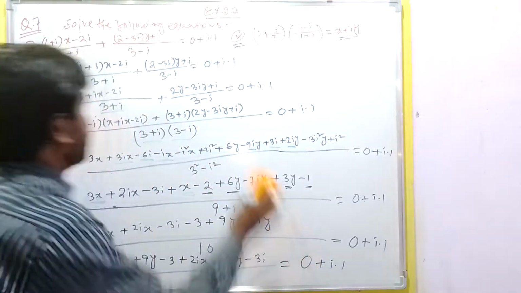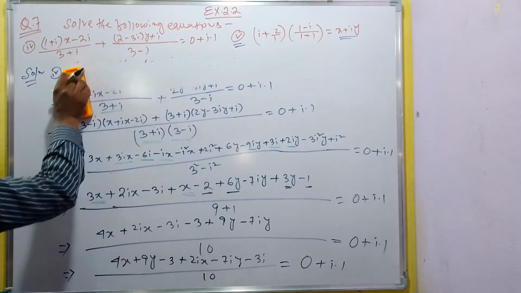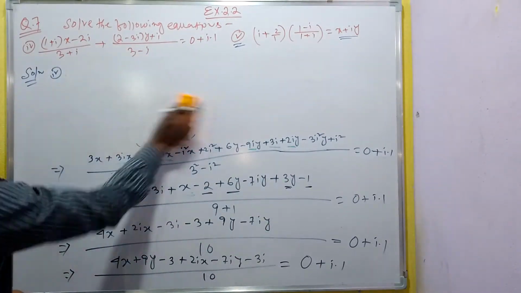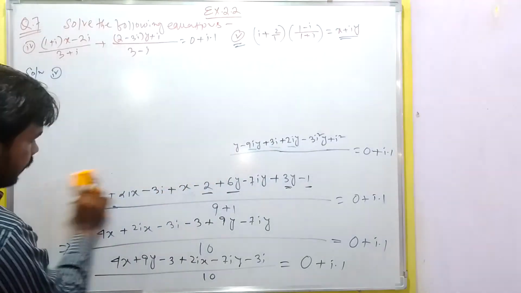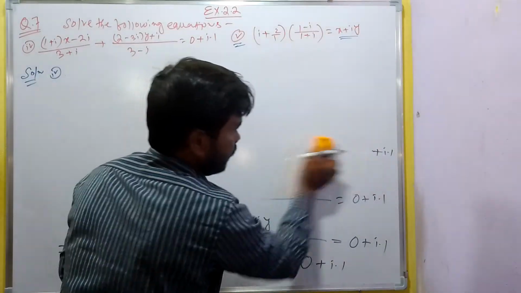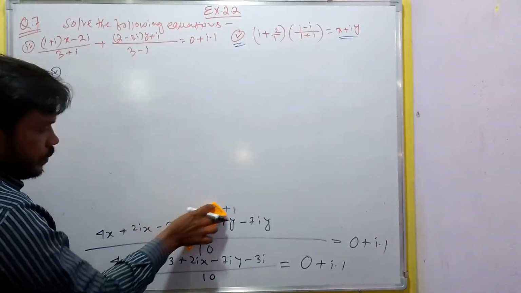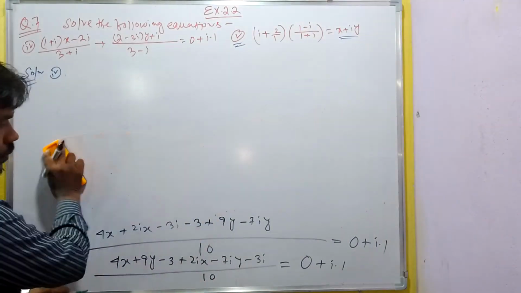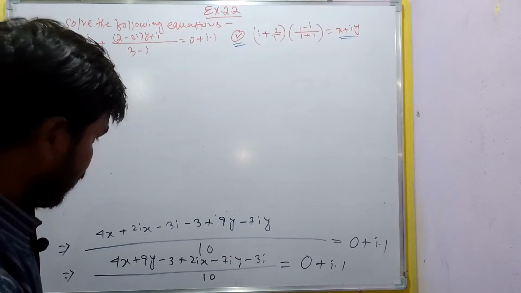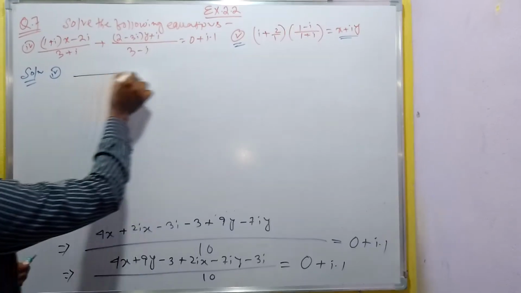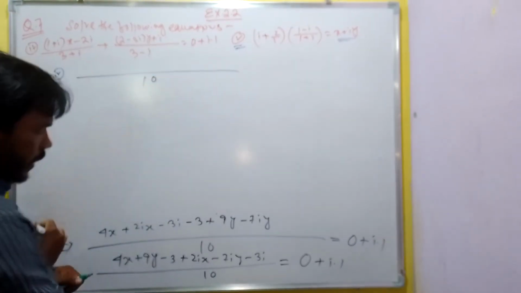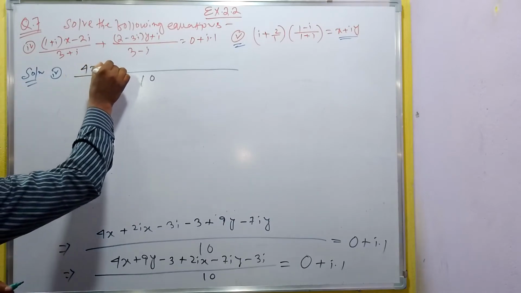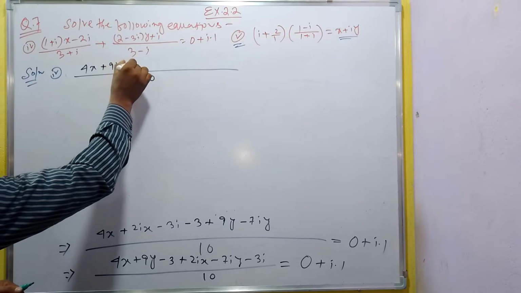Okay, so what happened here? You can see the next line. Denominator 10: 4x + 9y − 3.